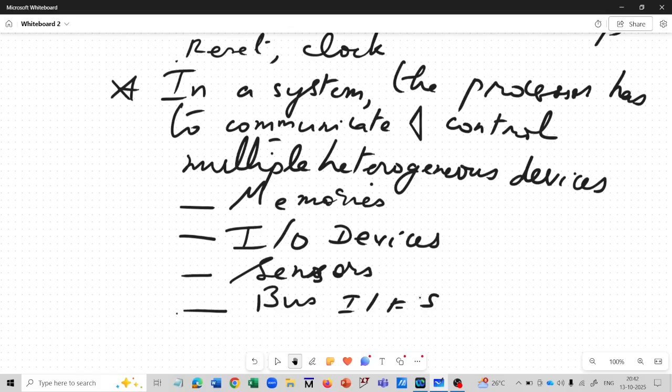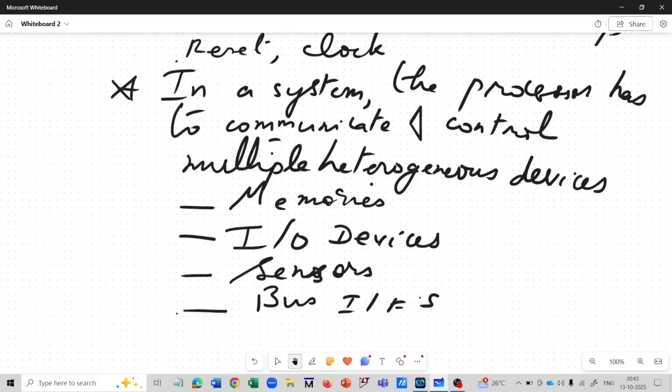So one thing you can observe from this is that on the one side, you have a standard interface, that is the processor interface. On the other side, the processor is expected to interact with devices which have heterogeneous interfaces. For instance, memories have more or less a similar interface to that of the processor.